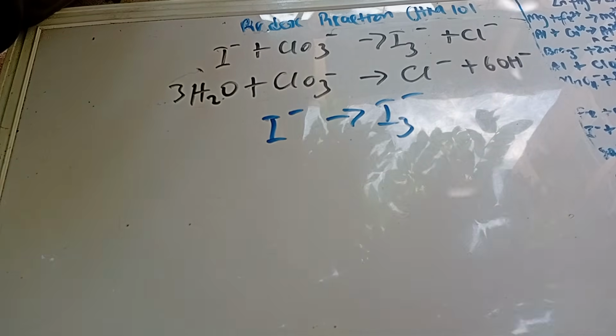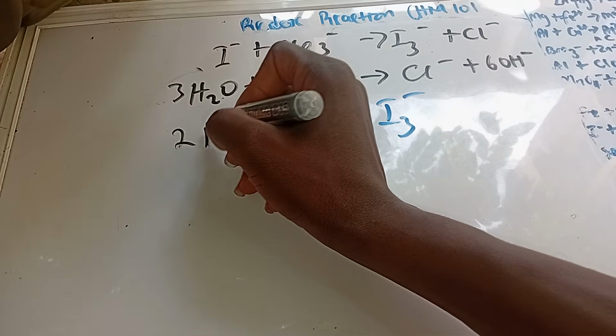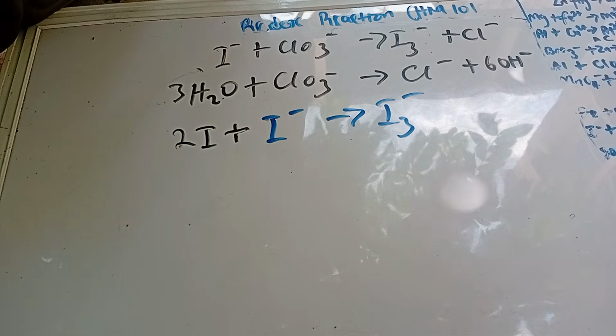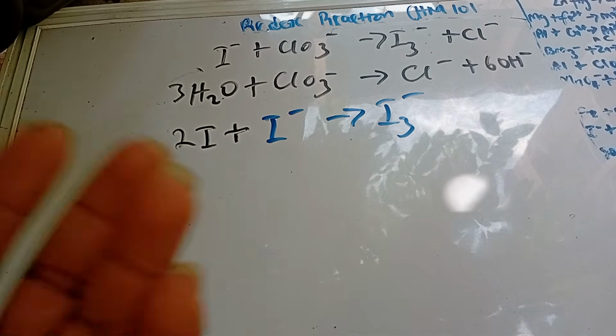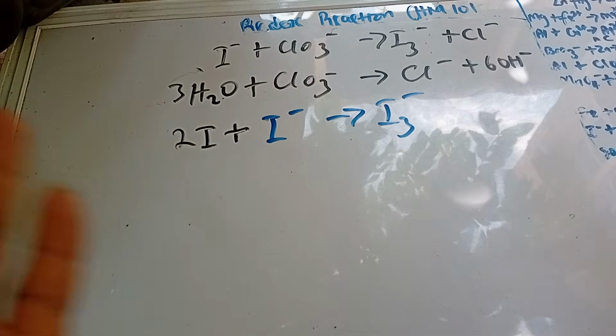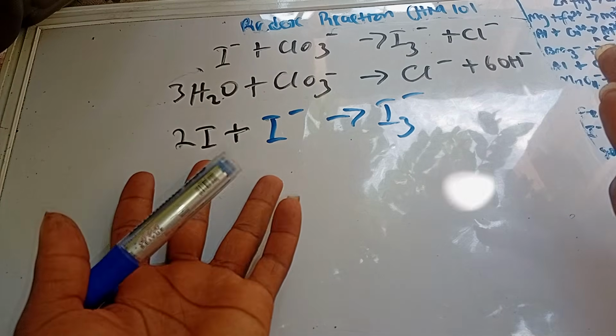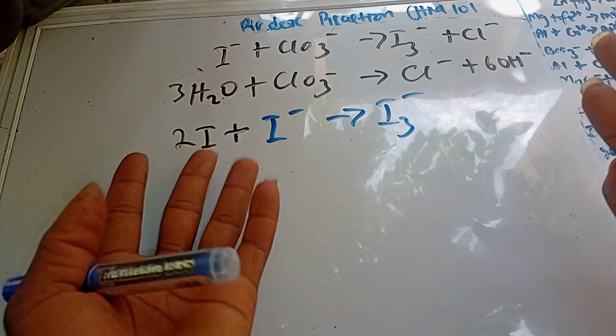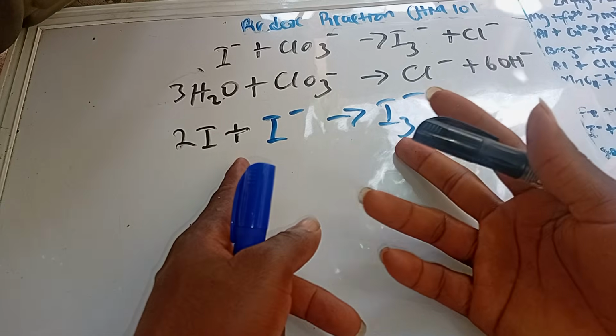I think we are going to add 2I here to make this up to 3. We will know along the way, there's no problem. Yes, add 2I here. So we have 3 iodine and 3 iodine.